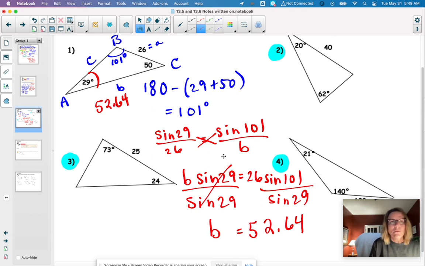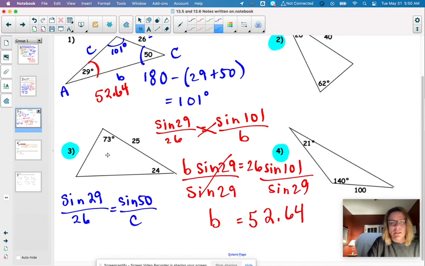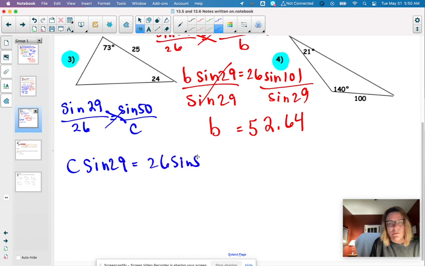And now we only have side C to find. So again, let's change my color. Let's start back with my starting point. Sine of 29 over 26 is equal to sine of 50 divided by C, right here. Let's cross multiply. I get C sine of 29 is equal to 26 sine of 50.